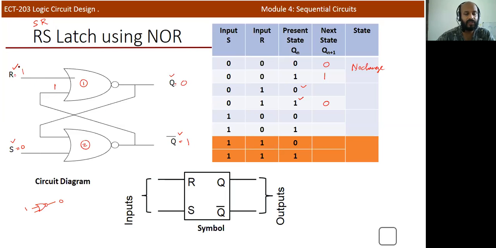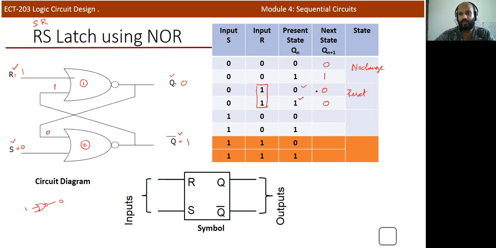So the first NOR gate inputs are 1 1, so definitely this output will be 0. Then 0 is propagated to the second NOR gate input. So both inputs are 0, so the output is 1. So if it is 0, it will continue like that, 0. So this is the reset condition. If R is equal to 1, we will get the reset condition, that output Q is equal to 0. So we will call it a reset condition.